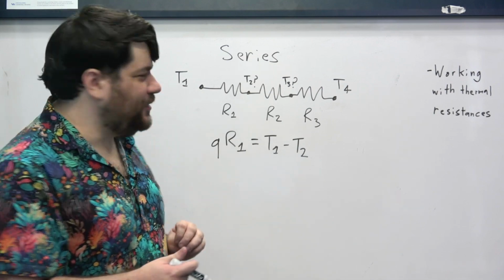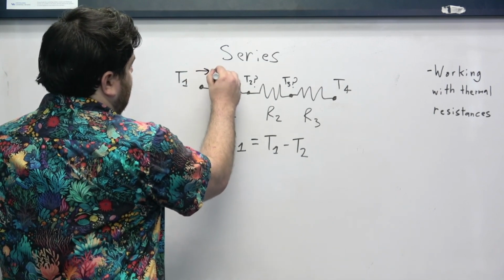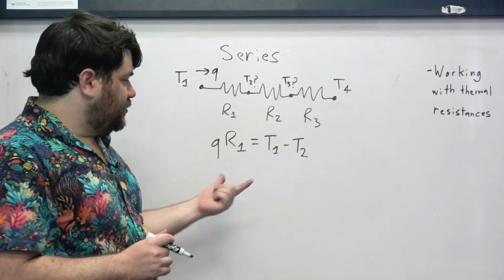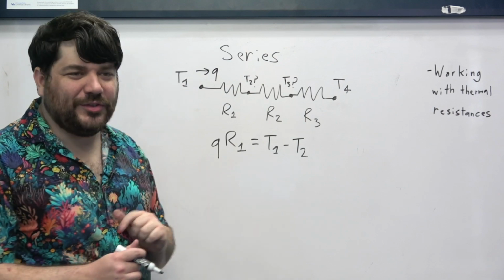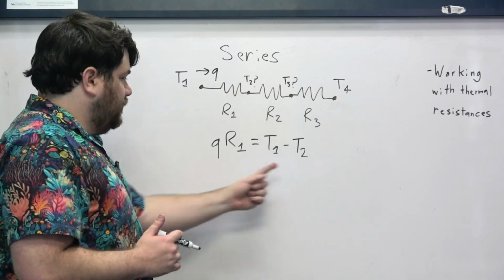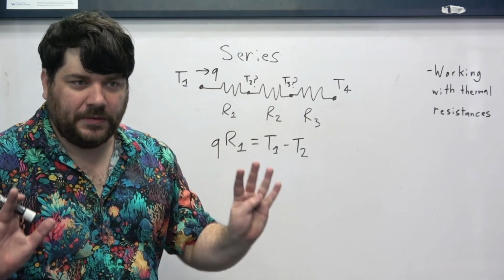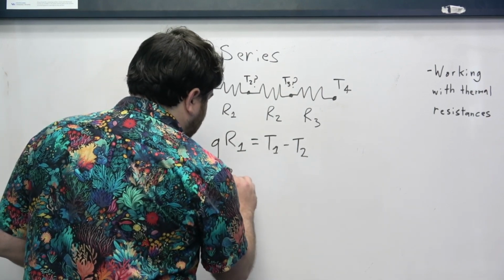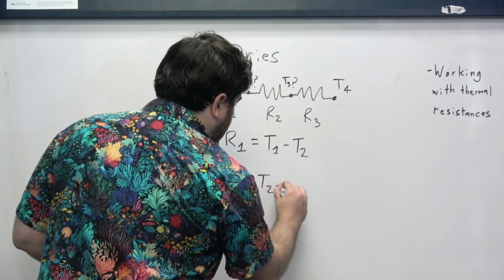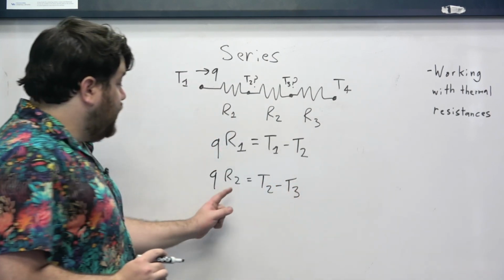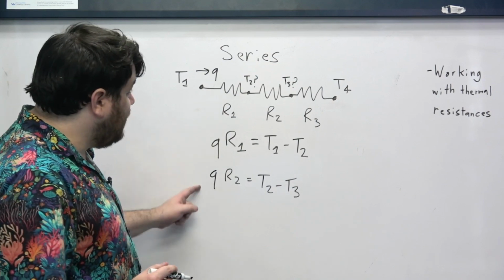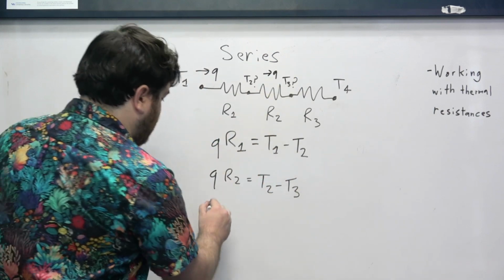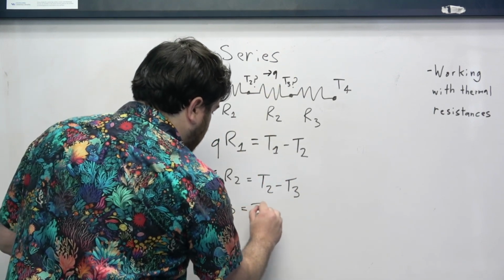So we're just going to operate under that assumption. I'm going to clarify it by writing down an arrow that tells me the Q is going left to right. So in order to make this equation work, because thermal resistances are always positive, this is what we're going to write down. Okay. So we have this expression, but then we also have this other expression. And we have this other expression for the same Q, because remember, the Q down here has to be the same. Same thing for R3.